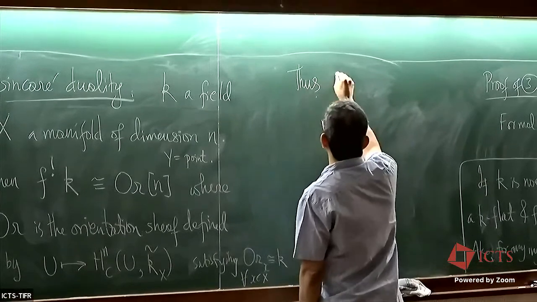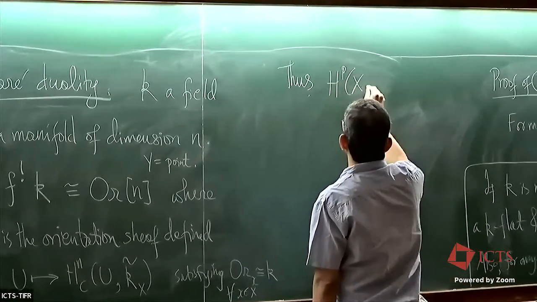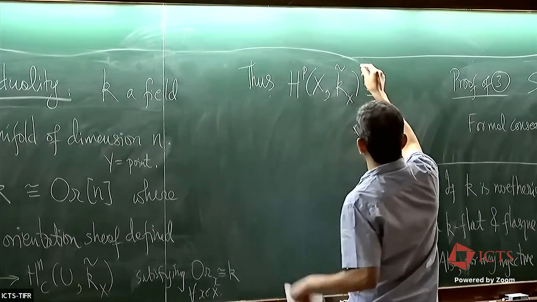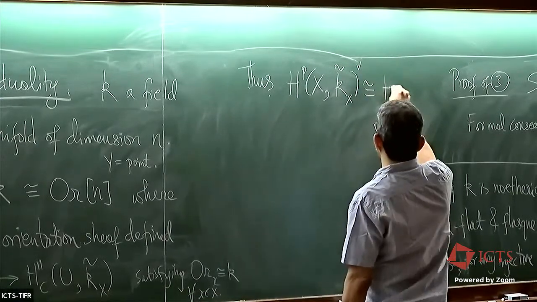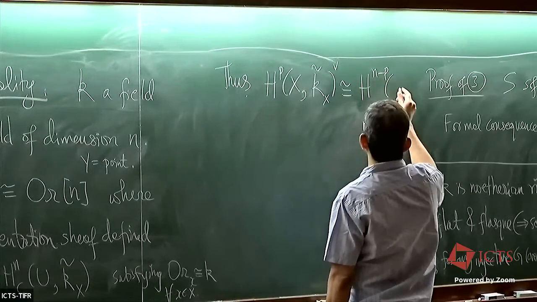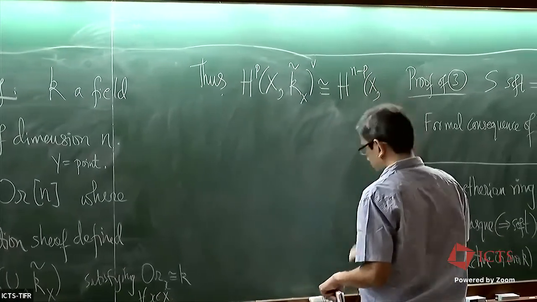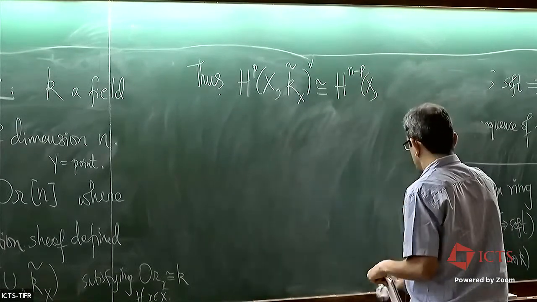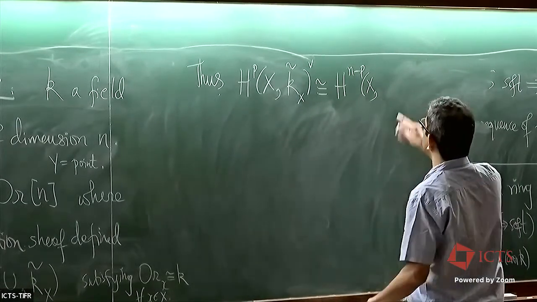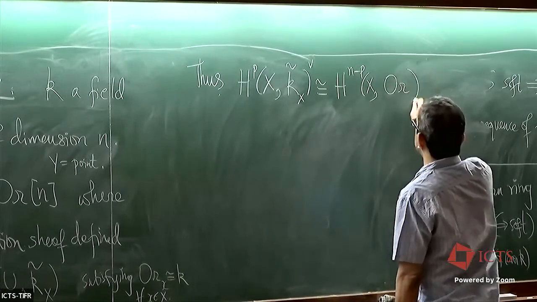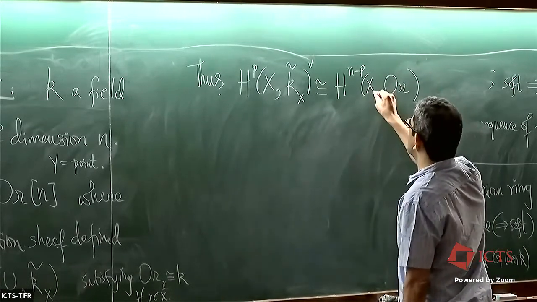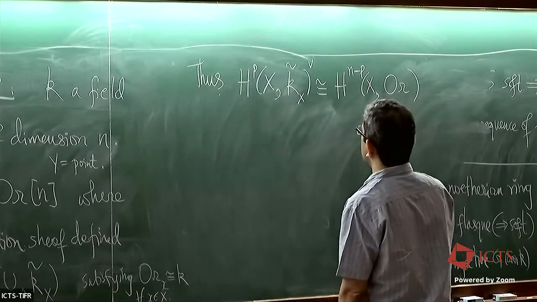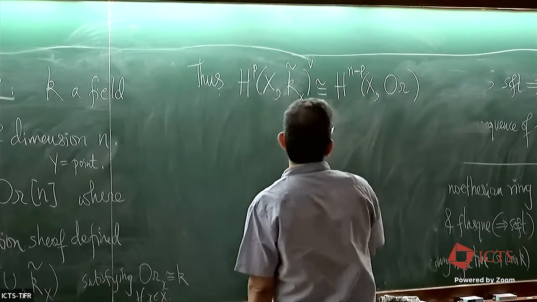Thus, H^i(X, K tilde X) is isomorphic, maybe there's a dual, yeah, is isomorphic to the dual of H^(n-i) with compact support of the orientation sheaf.